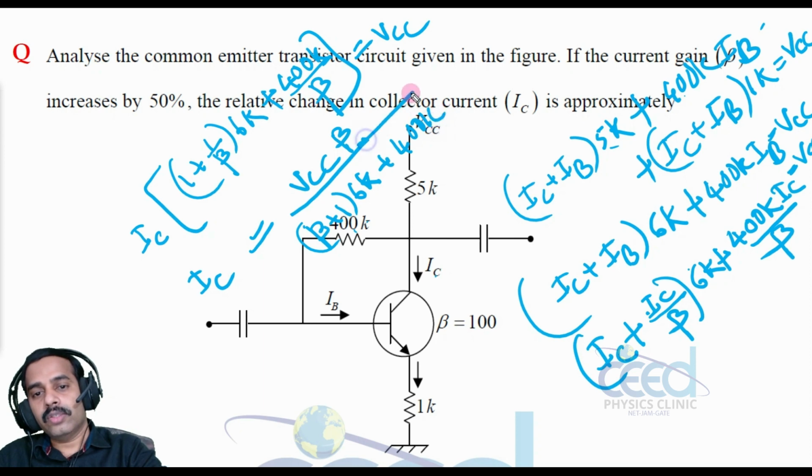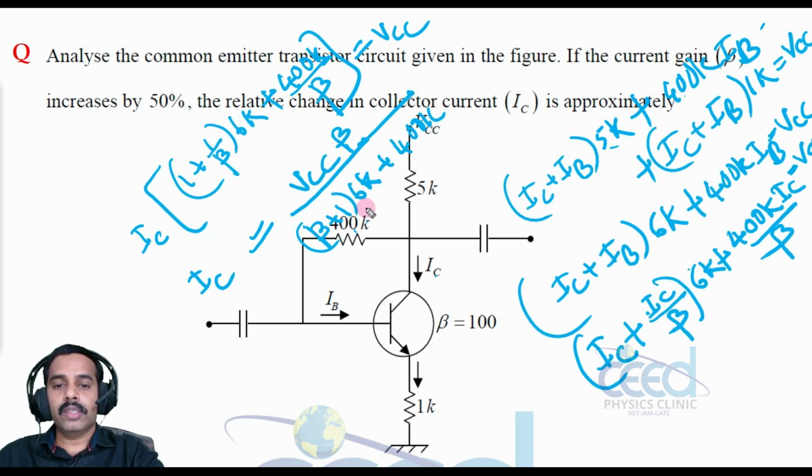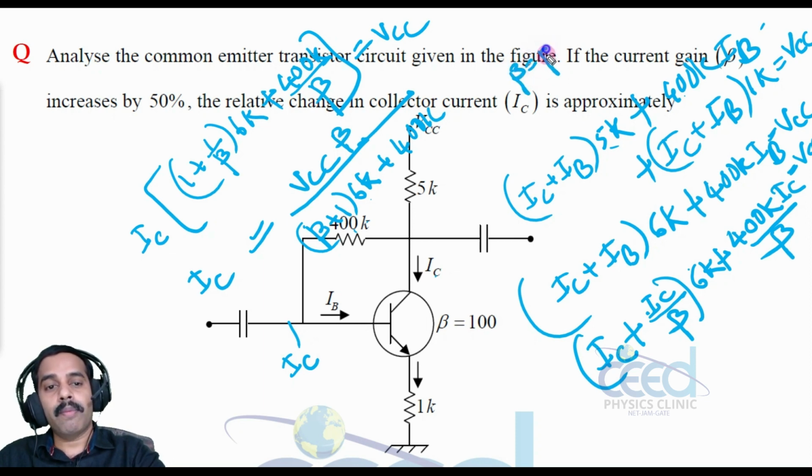So this is the expression we have. This 400K, 6K and VCC are all constants. Now we need to find IC dash. The only difference is that beta becomes beta dash.